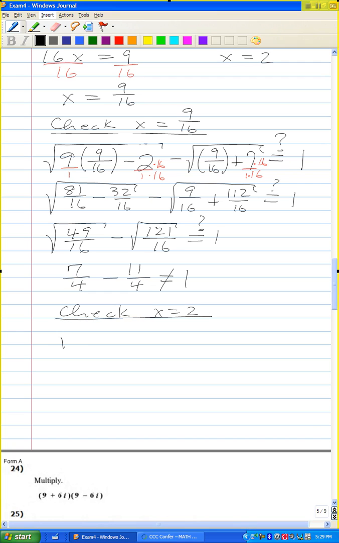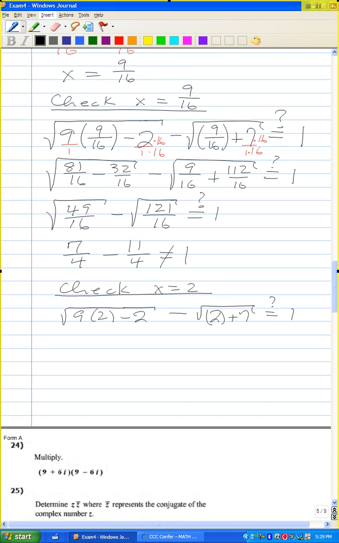Is the square root of 9x minus 2 minus the square root of x plus 7 equal to 1? Is the square root of 18 minus 2 minus the square root of 9 equal to 1?